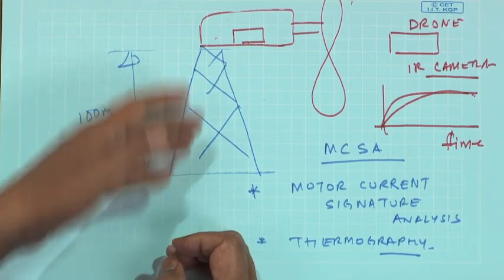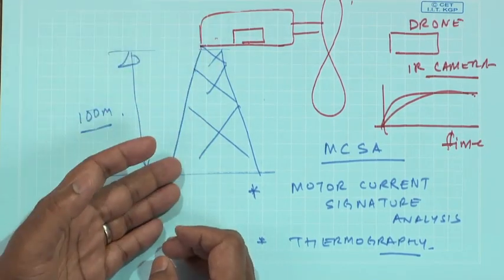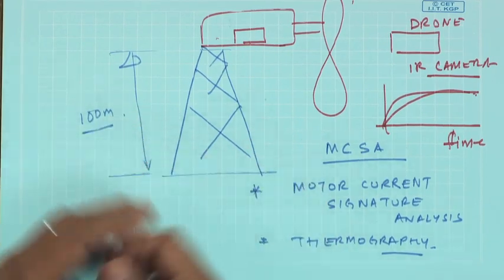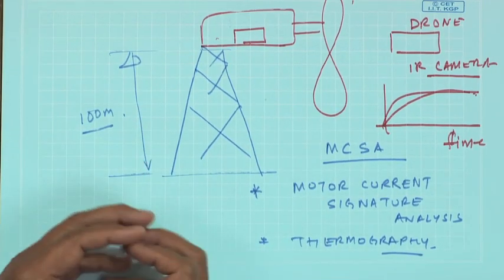For example, if you go to the North Sea, they are all anchored to the ocean bed. So these are challenges to us to find out misalignment in rotating systems.